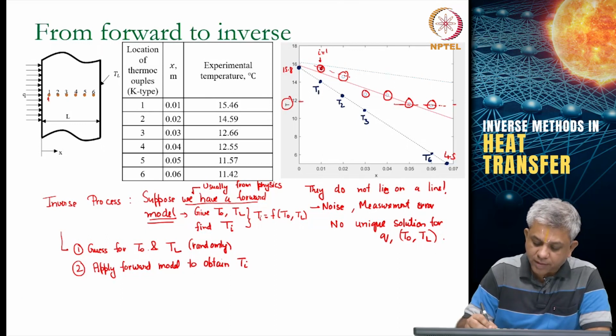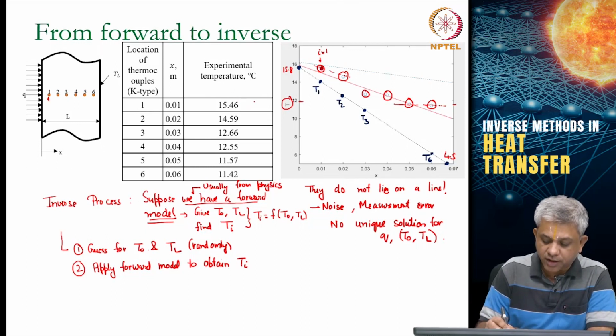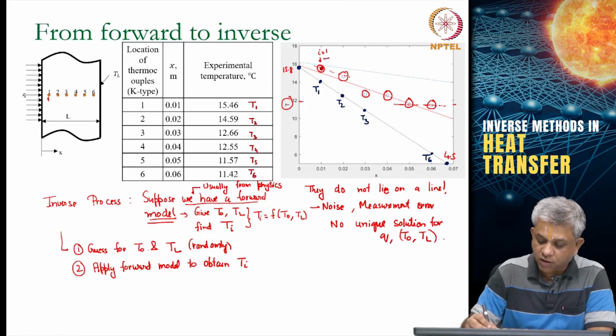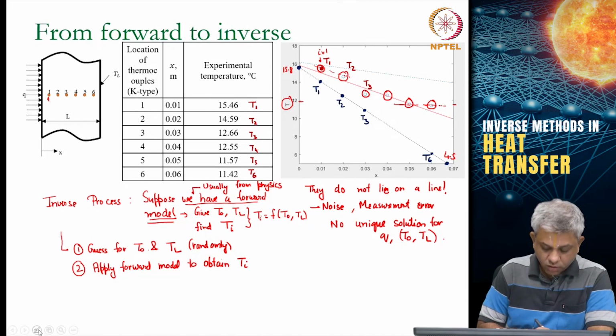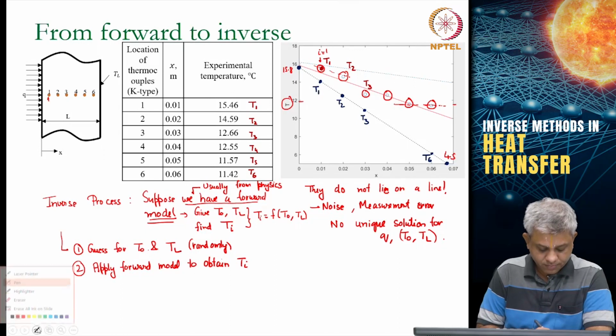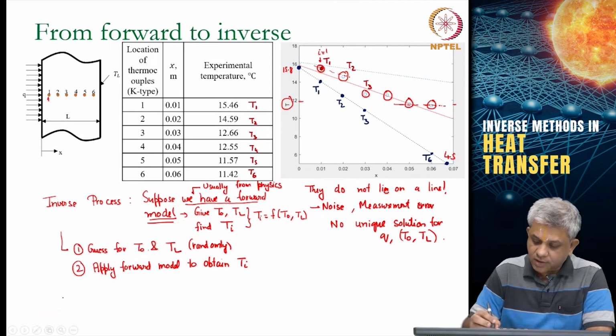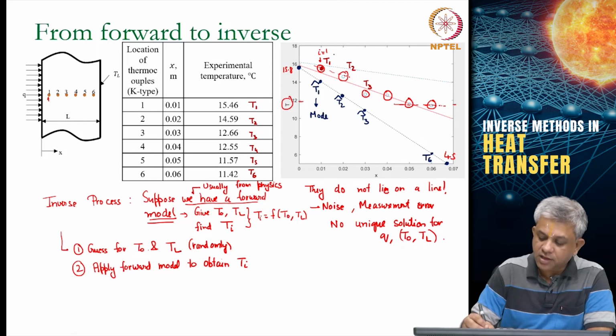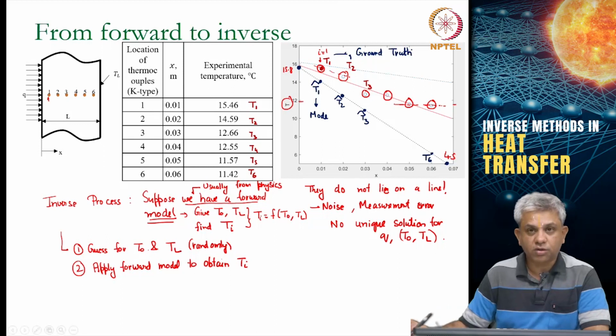Now, just in order to ensure that we do not confuse notation, we have the actual temperatures. These temperatures are the actual temperatures. This we will call T1, T2, T3, T4, T5, T6. But what about the values that I just obtained? This I am going to call T1 hat. These are from my model, and the actual ones are what in machine learning is called ground truth.